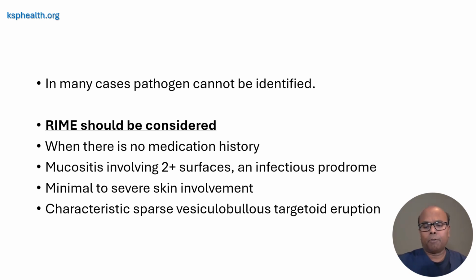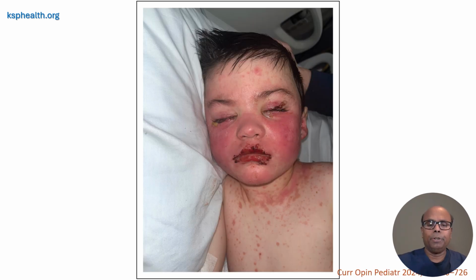RIME should be considered in the following situations: when there is no medication history and mucositis involving 2+ areas, minimal to severe skin involvement, and characteristic sparse vesiculobullous targetoid eruption. I'm going to show you these pictures.